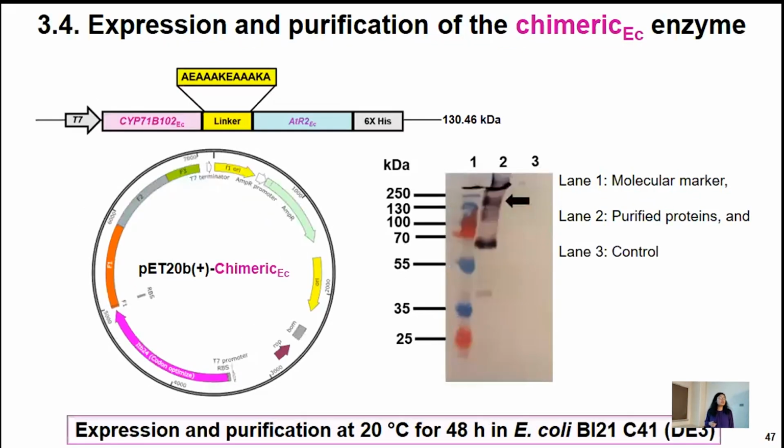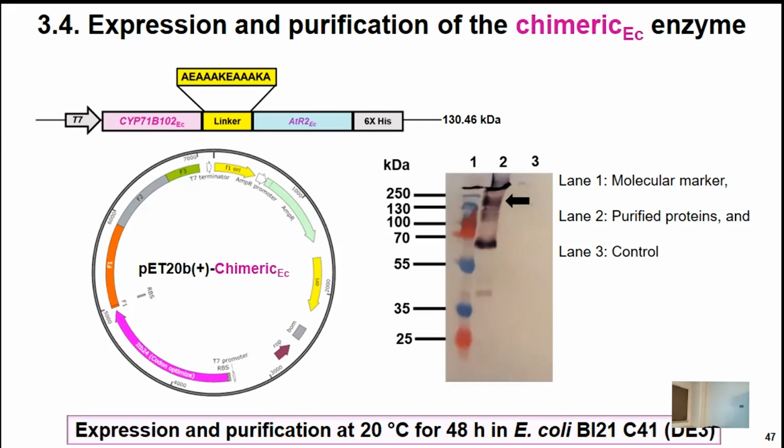Then we constructed a chimeric enzyme by linking the codon optimized P450 with the codon optimized reductase. As a linker, we used a rigid linker because this linker has been used for other monooxygenase enzymes. The expected band size for this one was 130.46 kilodalton, and we tried the condition at 20 degrees Celsius for 48 hours.